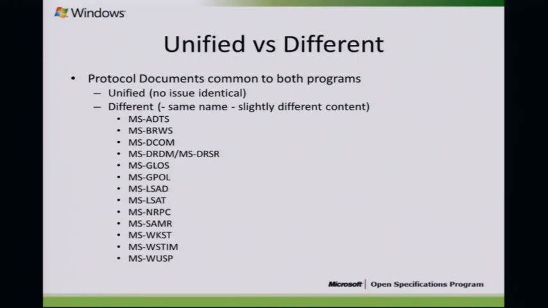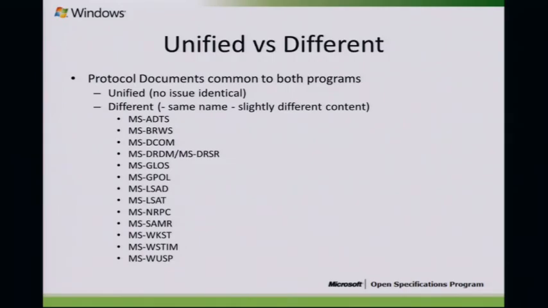We would really like to get rid of this situation, and now that the consent decree in America has gone away, we will definitely be heading to a position where we unify the document set and you don't get this surprise. But what this list is really telling you is if you have an interest in any of these protocol specifications, then you really want to check that you've actually got the one that you mean to have, because they are different, okay?